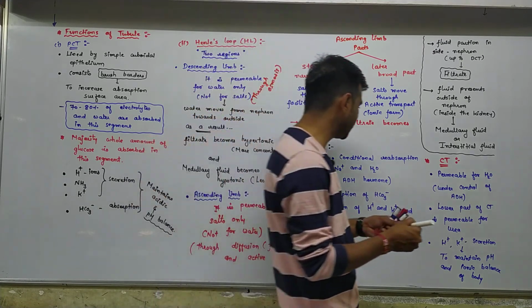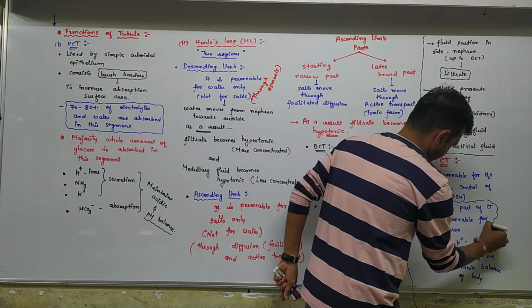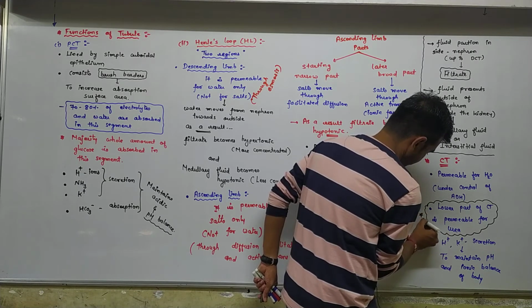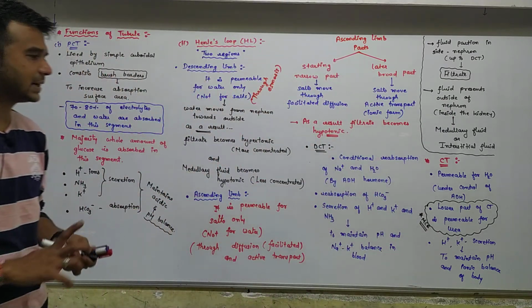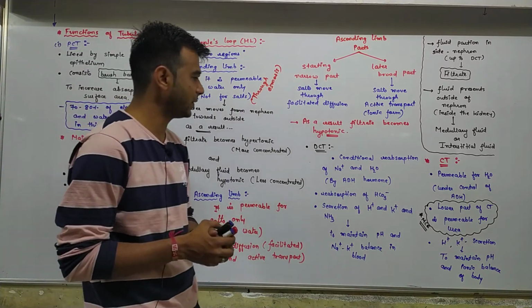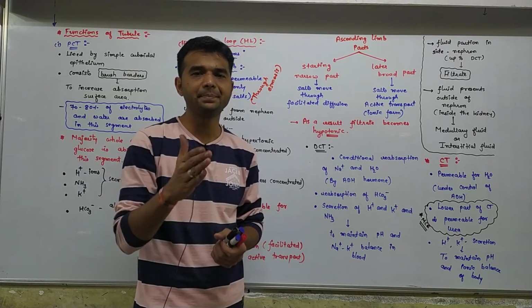The most important MCQ: the lower part of the collecting duct is permeable for urea. See, you know that we have to excrete a limited amount of urea outside of our body, 20 to 30 gram urea per day.